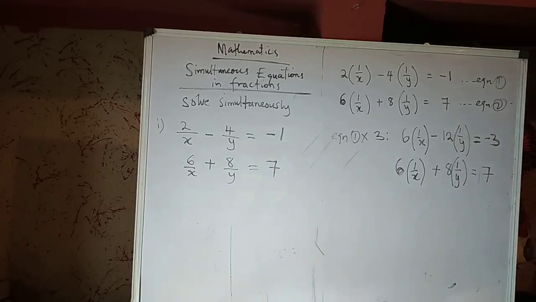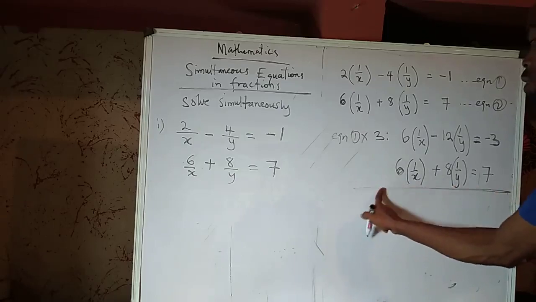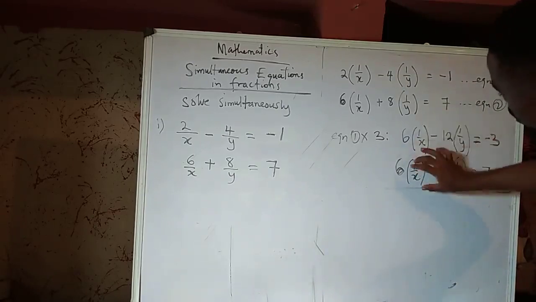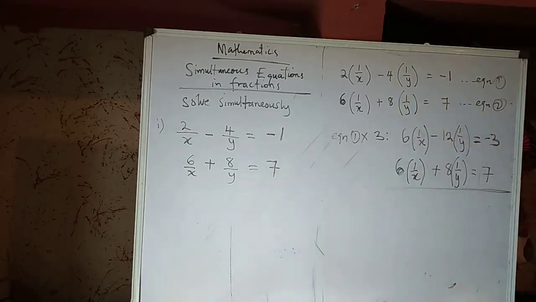So at this point, the simple thing I'm going to do is to do my subtraction to eliminate. Of course, subtraction is what will work here. So this whole thing here, they are the same. So this minus this, they will just simply go away.